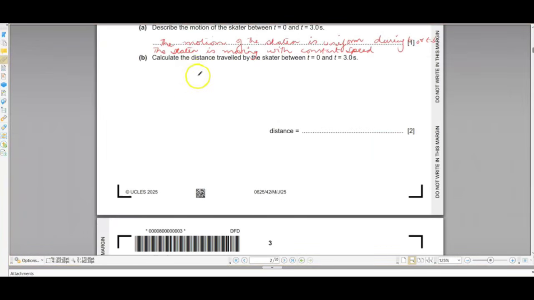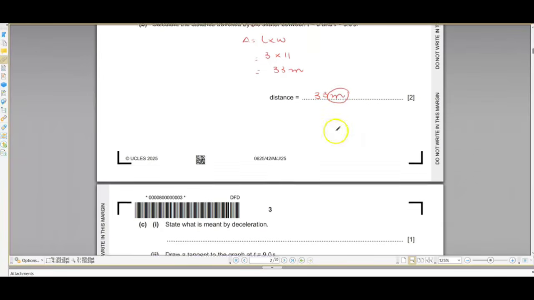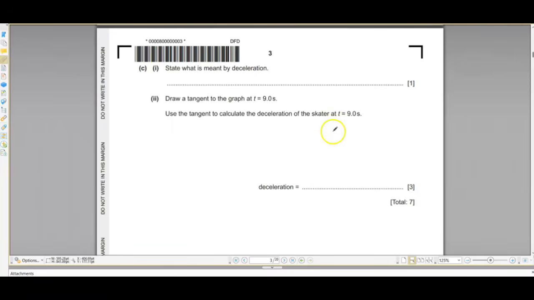As the area under the graph gives you the distance, we multiply 3 and 11, so 33 meters is the distance the skater travels between t is equal to 0 and t is equal to 3 seconds. Units are very, very important. Make a habit of writing the units, so that you don't skip them while you are doing the exams.